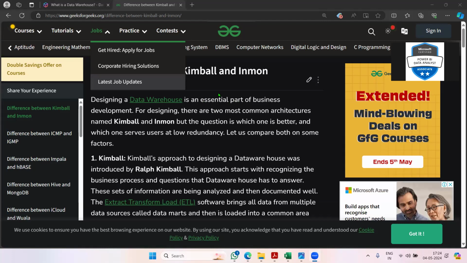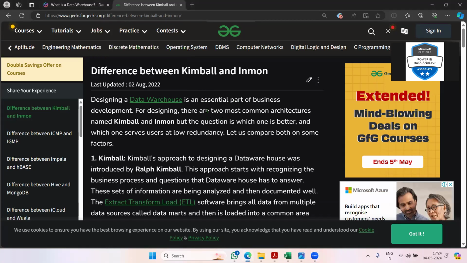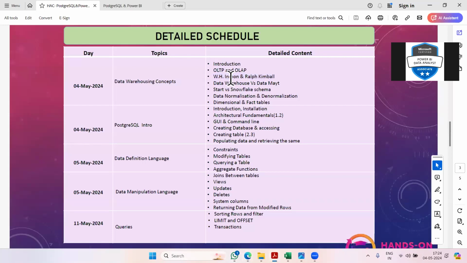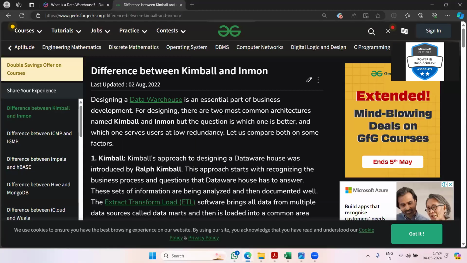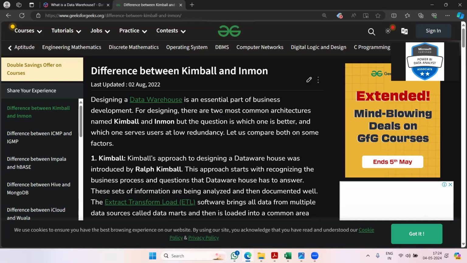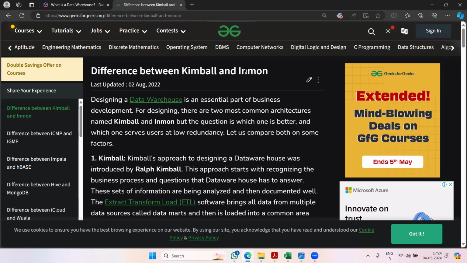Ralph Kimball and Inmon. They have proposed a design like Newton's theories. Newton has three theories and has kept his name. Similarly, Ralph Kimball and Inmon have kept their names for their theories. Now, let us see what they are saying.